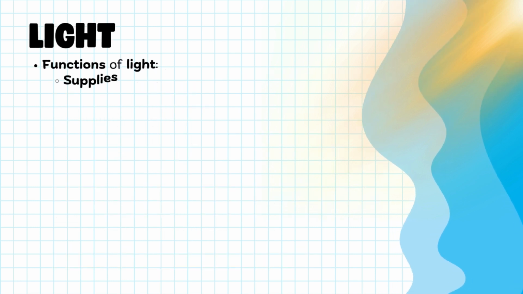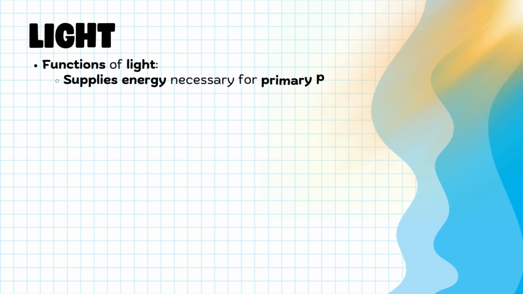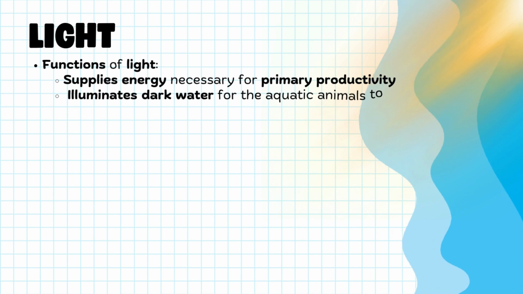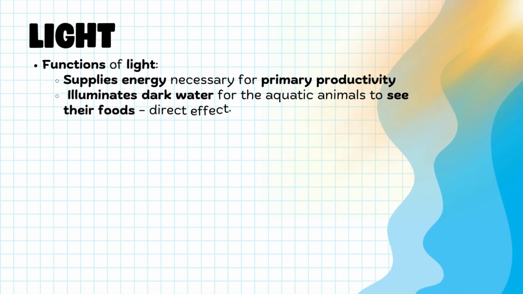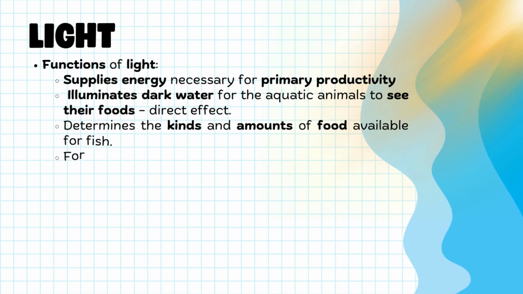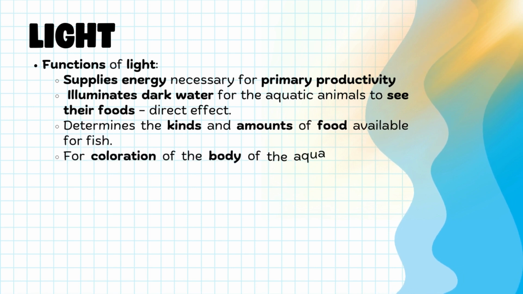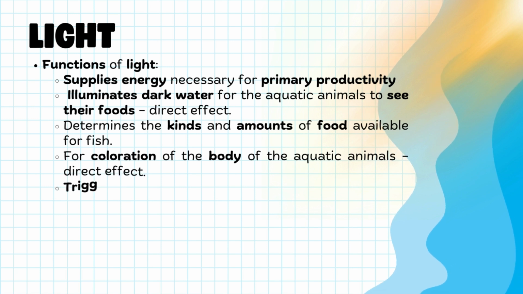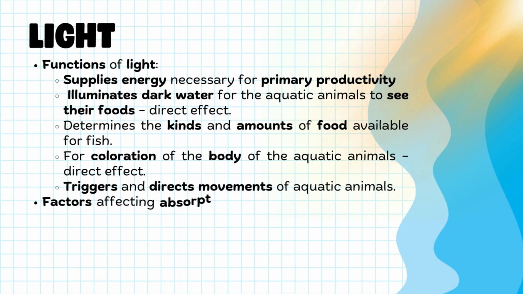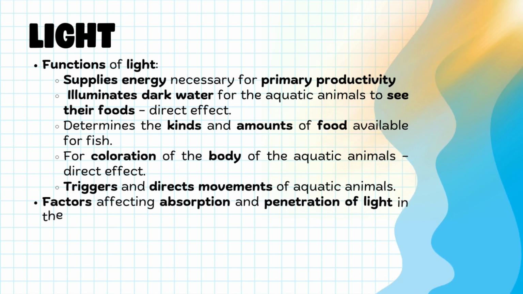So what are the functions of light? It supplies energy necessary for primary productivity, for example, the production of all kinds of plants except fungi, for food of animal organisms, and the process involved in primary productivity is also known as photosynthesis. Another one is illumination. It helps aquatic animals to see and find food.